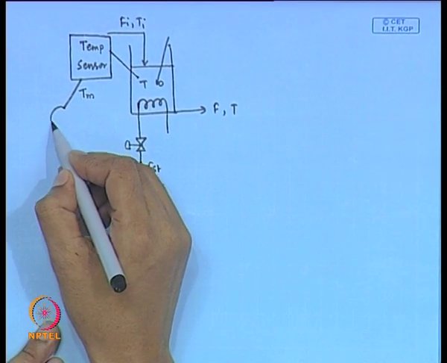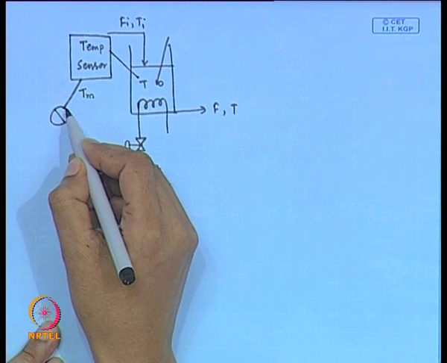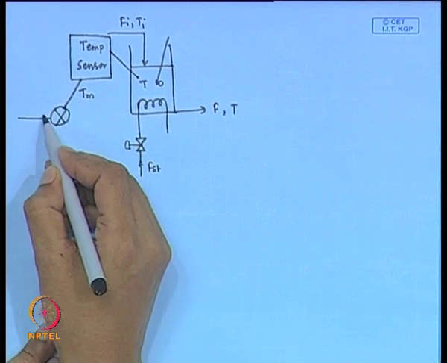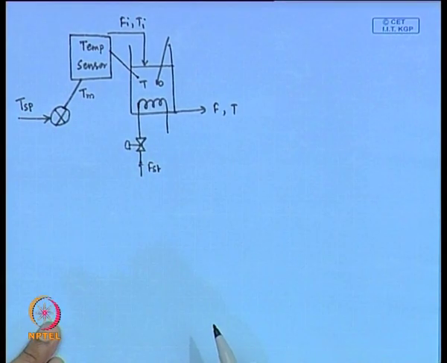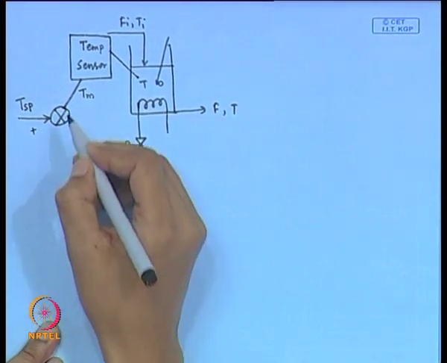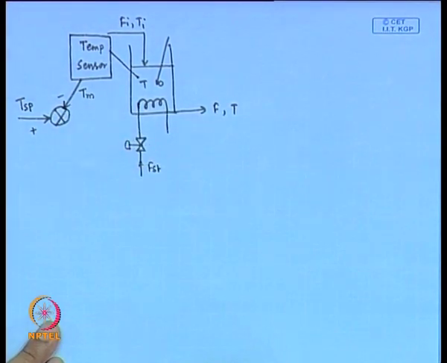In the next step, this measured temperature is compared with its set point value represented by TSP. So, this is positive and this is negative.